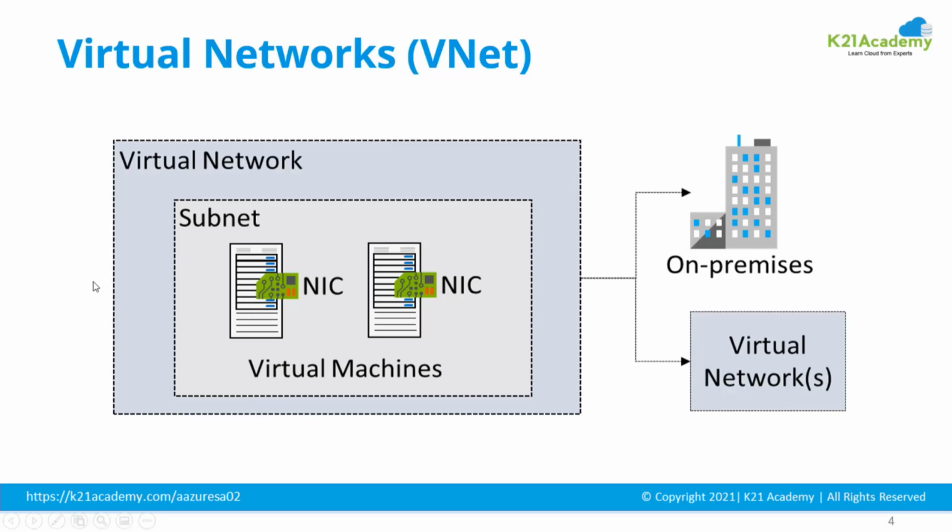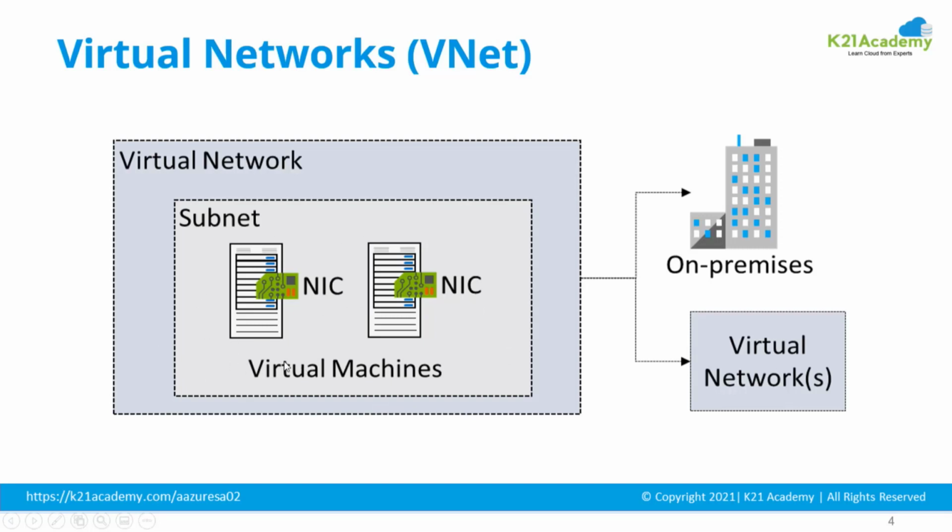You break that bigger network into smaller networks we call subnets. And any machine that you create, whether a Windows or Linux machine or a load balancer or any gateway, any device that needs an IP address, that IP address will be picked up from this subnet. So that's where the subnet and IPs belong.